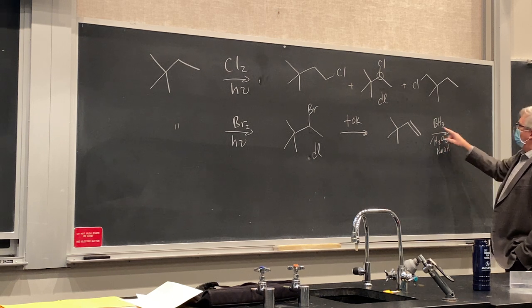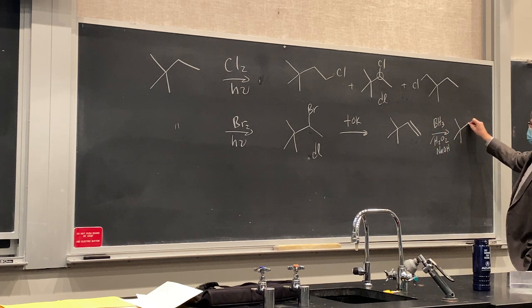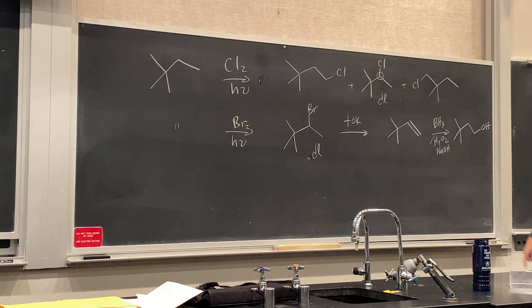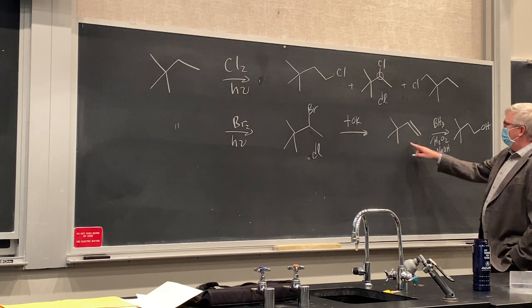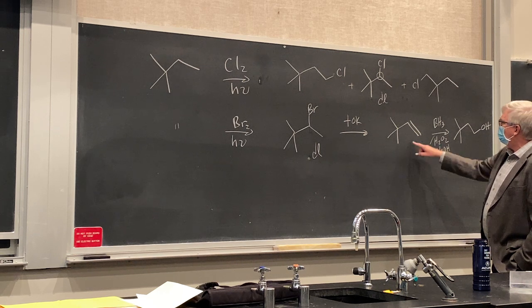You'd want to show the borane, peroxide, and sodium hydroxide again, and that would give us what? The less substituted alcohol product. So going from the alkane to the alcohol, yeah, there's a synthetic thing, a few steps here.